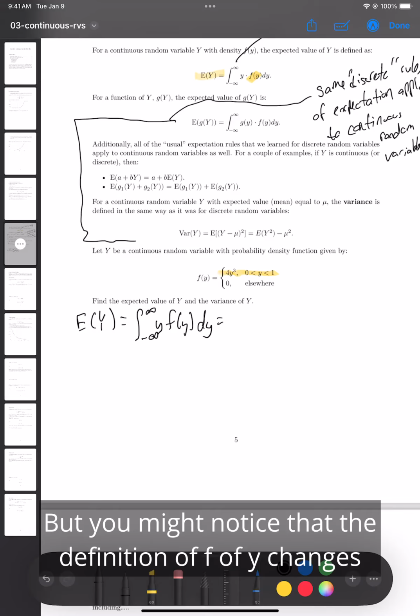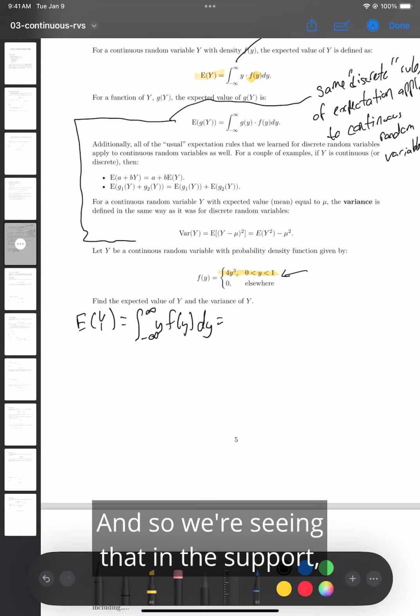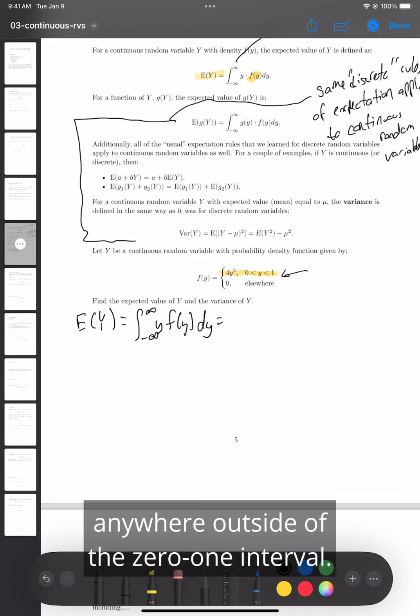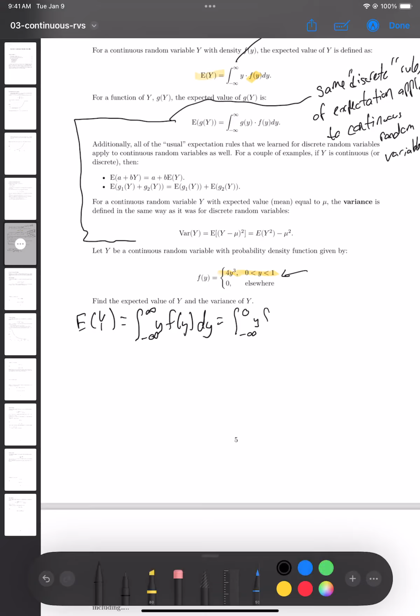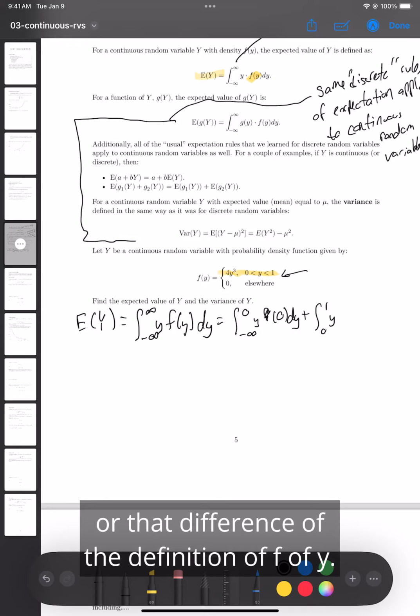But you might notice that the definition of f of y changes depending on the value of y. We're seeing in the support that f of y is defined as 0 anywhere outside of the 0, 1 interval. And so we could split this up to accommodate that difference in the definition of f of y.